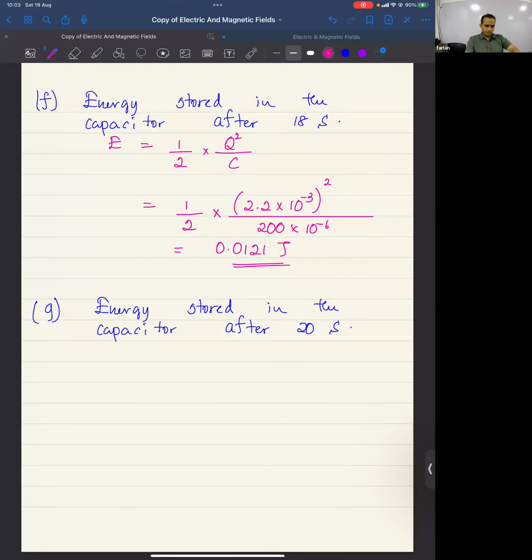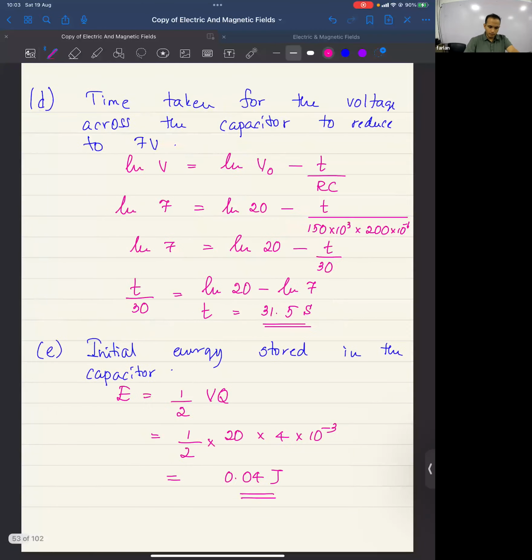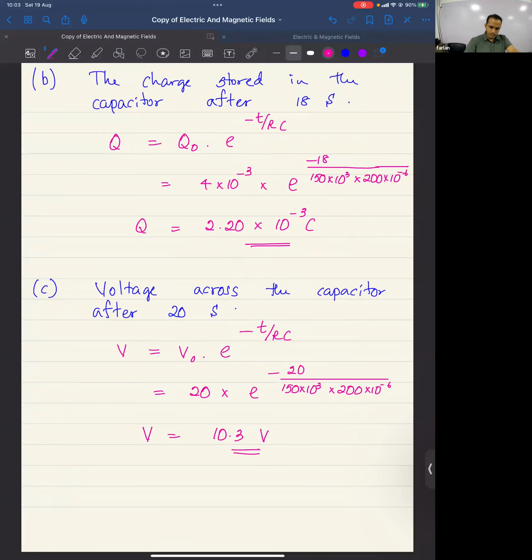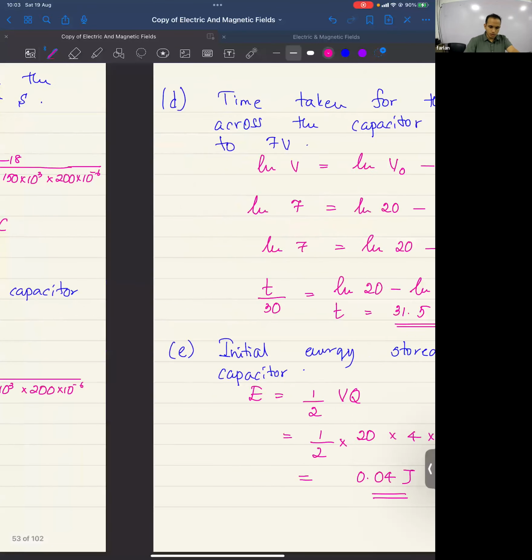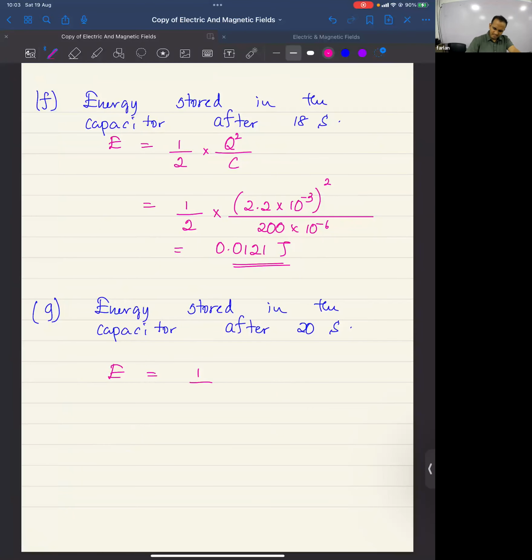And then the last one, to find the energy stored in the capacitor after 20 seconds. After 20 seconds, we know the voltage, which is 10.3. So I'll use half CV square.